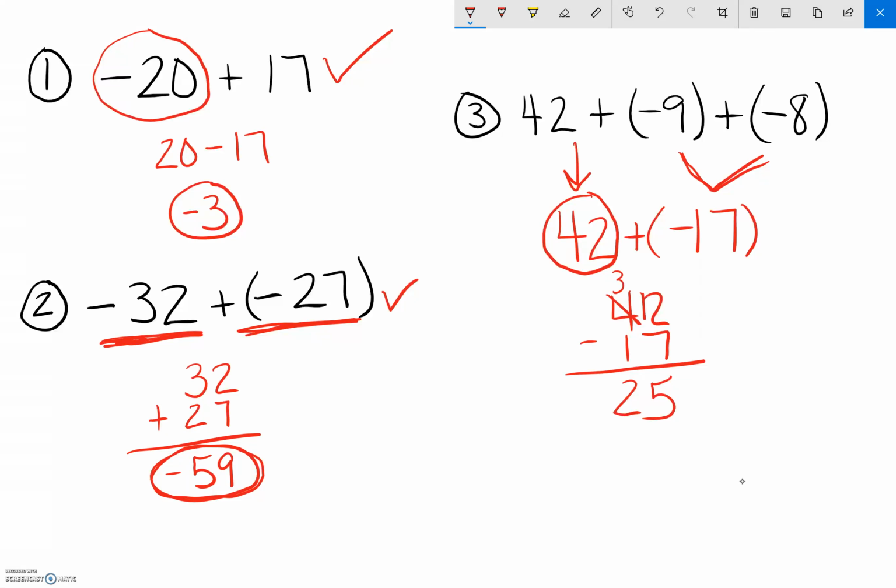You're going to get 25. And since the circled integer was positive, your answer is positive. So 42 plus negative 9 plus negative 8 is 25.